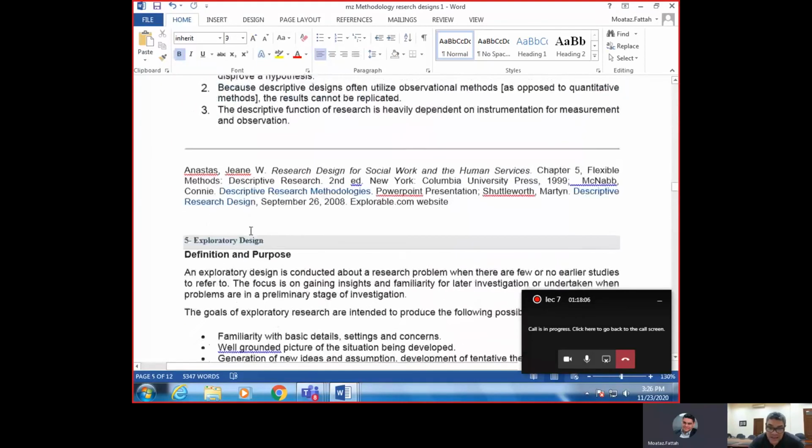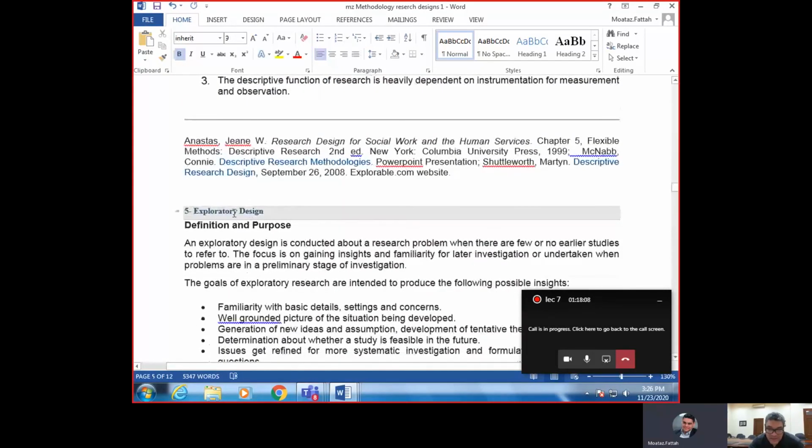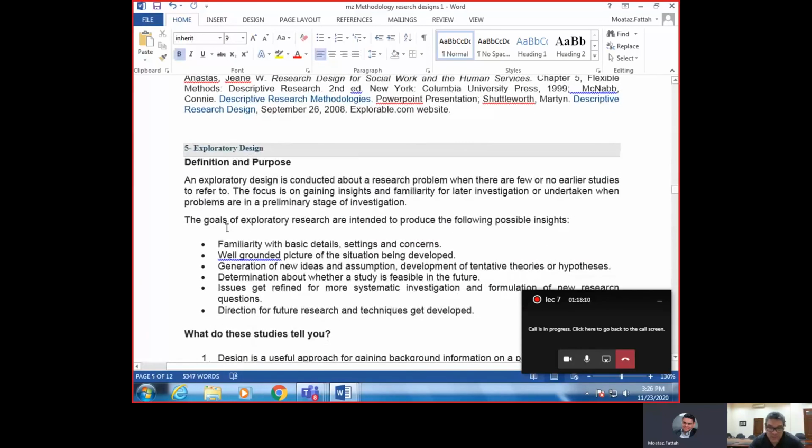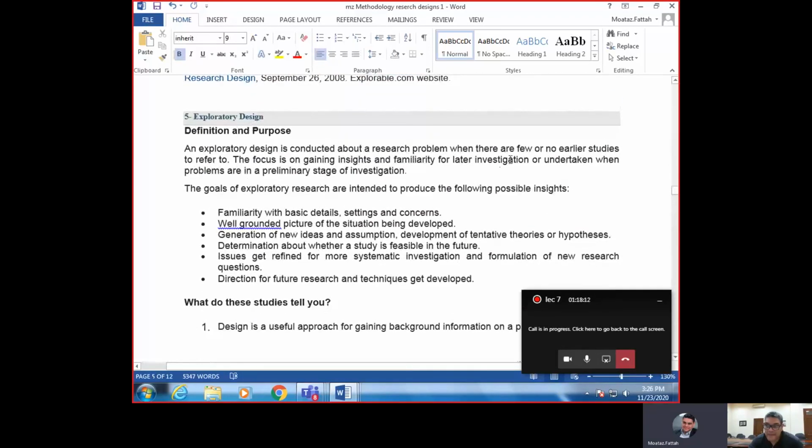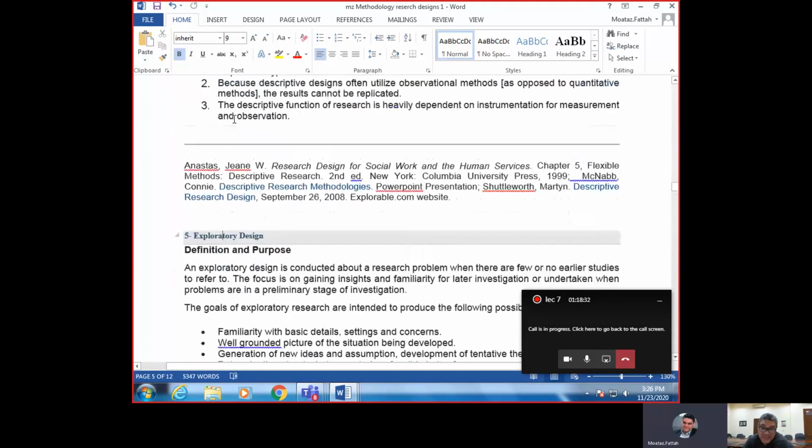There is something related to descriptive design, which is exploratory design. When there are no studies about it at all, that's very close to the descriptive stuff. You are trying to understand what it is, because it is not clear for us what it is. Most people prefer to use the word exploratory design rather than descriptive design.